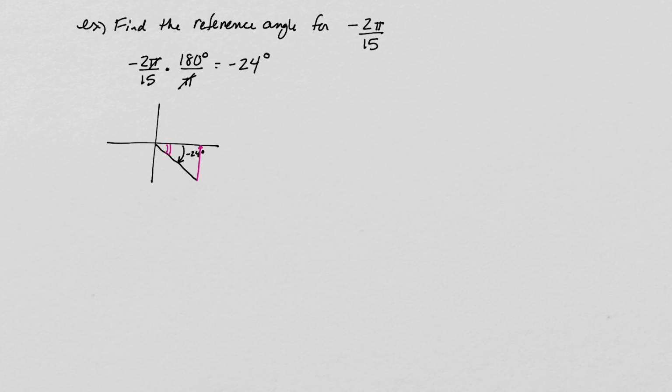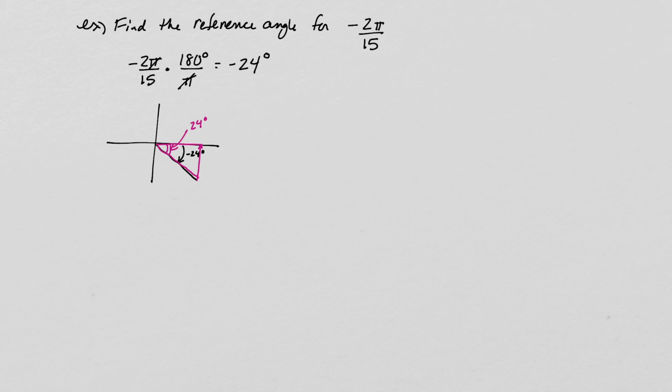So in this case, the reference angle and the actual angle are the same in size, but the reference angle is going to be a positive angle. So the reference angle here is actually going to be positive 24 degrees, because we're just looking at this right triangle.